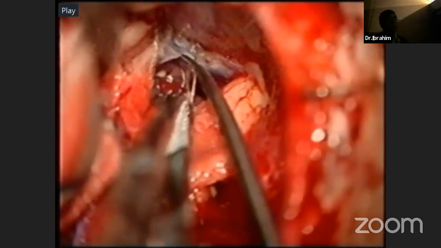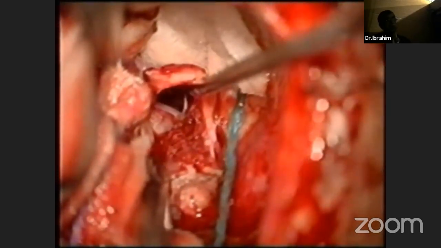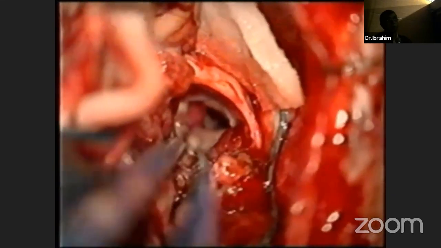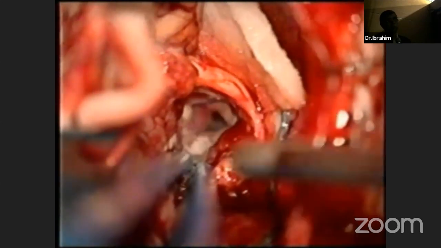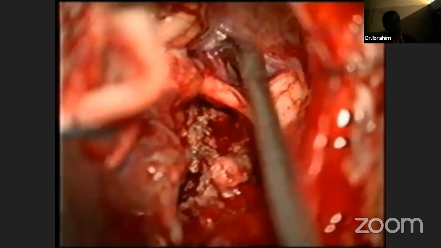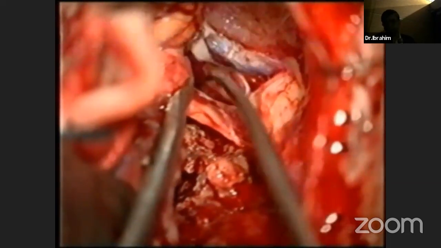Here, sitting position. We are on the right side. This is midline, right side. I'm showing you the trigeminal nerve, and I'm showing you also the sixth nerve inside. This is the tumor. So you work in between the nerves. Superior petrosal vein, vein of Dandy.